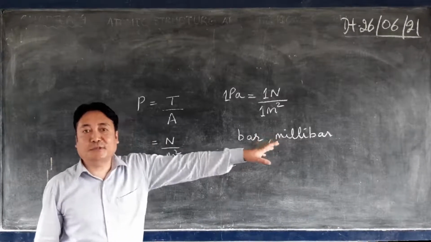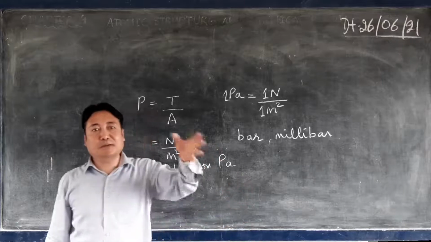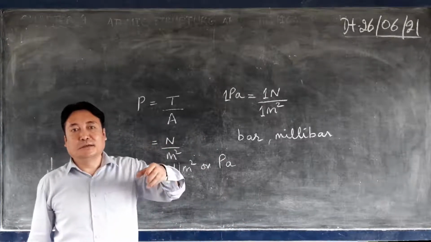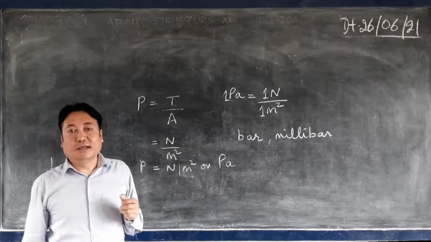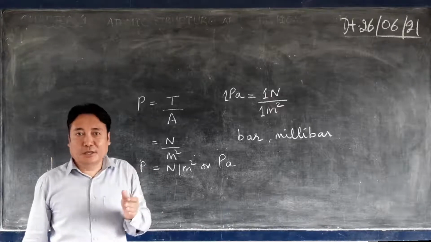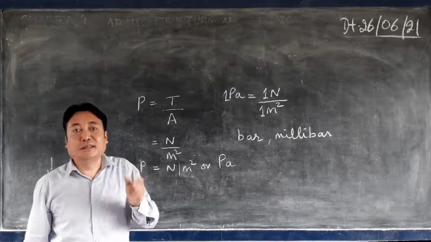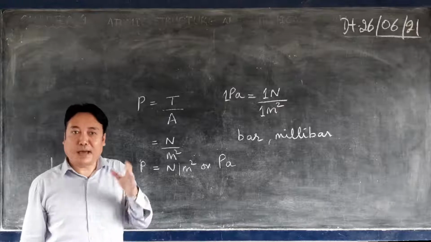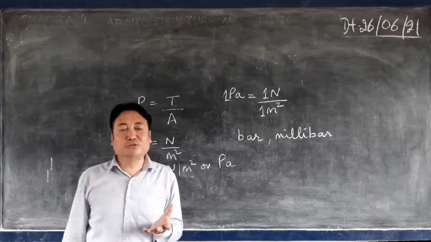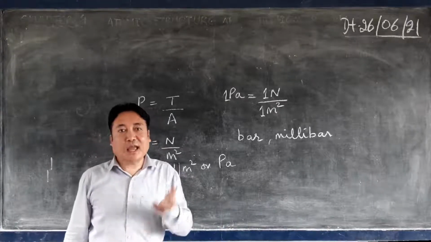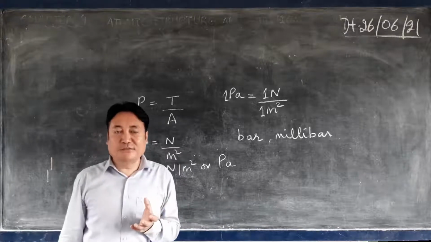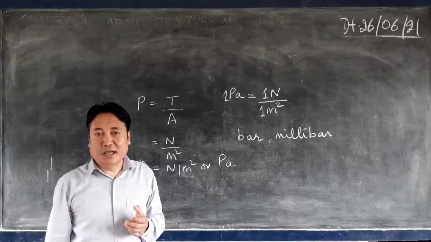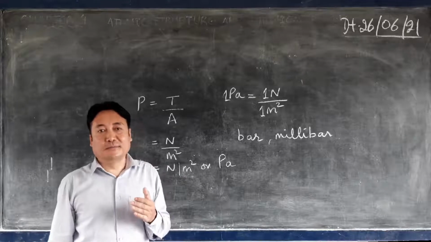Now the atmospheric pressure. Atmospheric pressure is measured in terms of the level of the mercury column in the barometer. The barometer is the device which measures atmospheric pressure, and it is filled with a liquid, mercury.